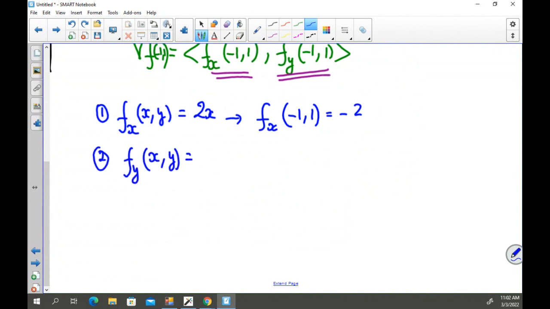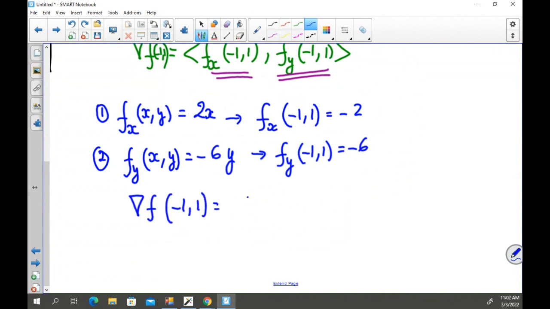It's an important question. Fy is minus 6y. So that means at the point minus 1, 1, it's equal to minus 6. So the gradient of the function at the point minus 1, 1 is the vector minus 2, minus 6.